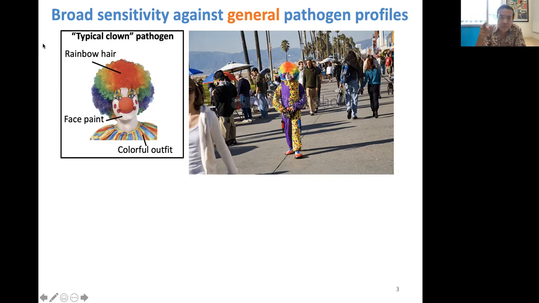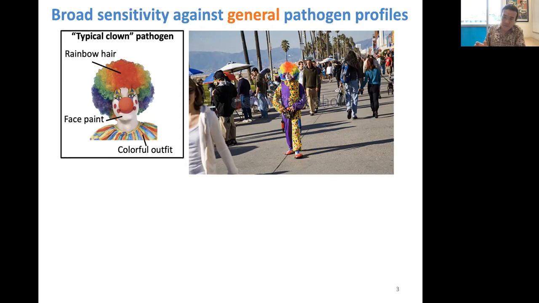So when you look at this picture of your typical clown pathogen, right, this is what I like to think of. There are certain generic features of this clown that I think all of you automatically recognize as, oh yeah, that's a clown, right? There's the crazy rainbow hair, there's the face paint, there's the colorful outfit, right? All of these things immediately are things that a generic kind of clown would present.